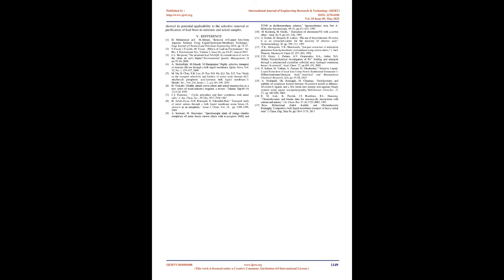Different parameters, including a relatively short time for extraction and removal of Pb(2) ions, obtained by the optimized system investigated in this paper, showed its potential applicability to the selective removal or purification of lead from its mixtures and actual samples.